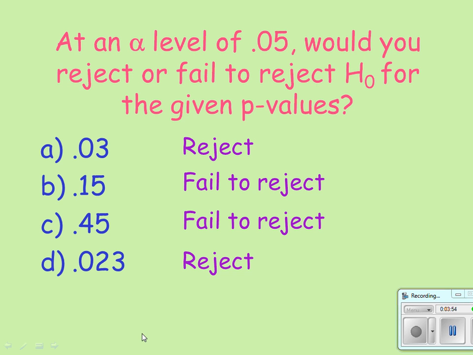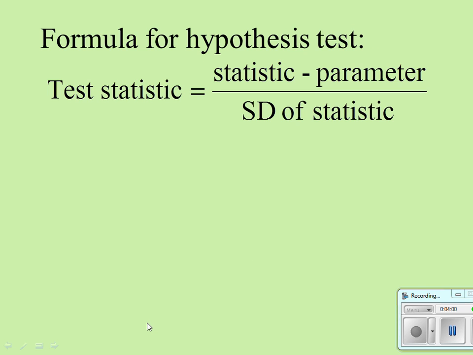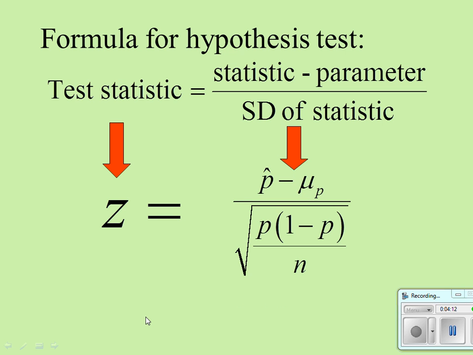So hopefully this makes a little bit more sense of what you're supposed to do with your decision making. All right, so let's go on to our formulas, or I should say formula. It's not plural, the formula for a hypothesis test. It should look somewhat familiar. We have p hat minus p divided by our standard deviation.